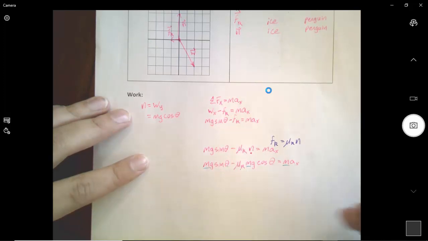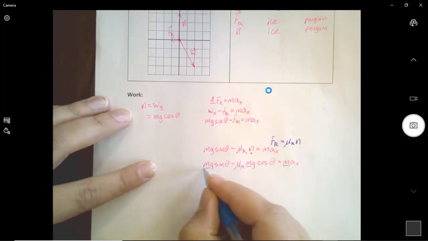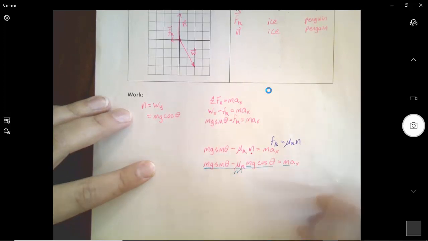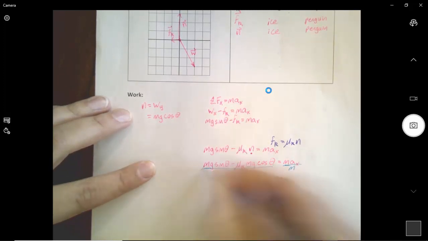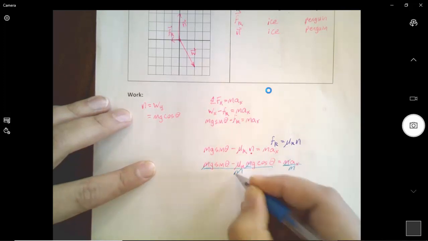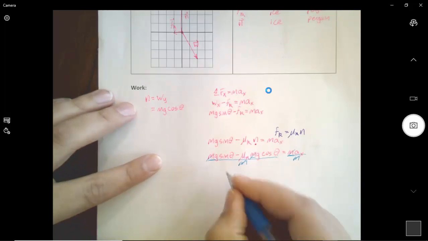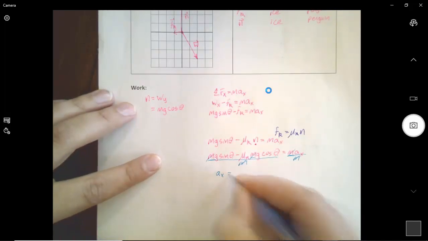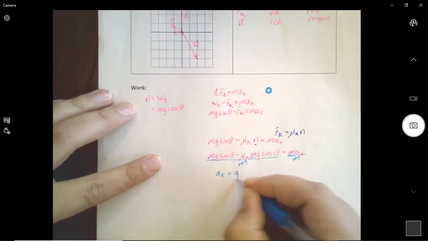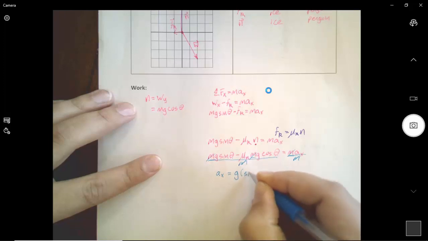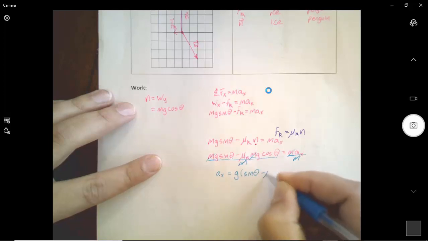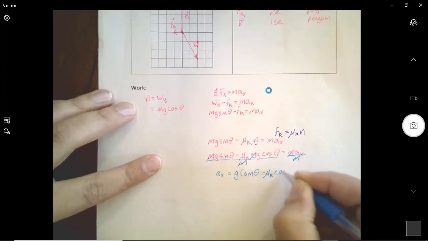But mass appears in every term, so we can divide by mass. And it cancels out. And so the equation we're left with is ax is equal to g sine theta minus mu k cosine theta.